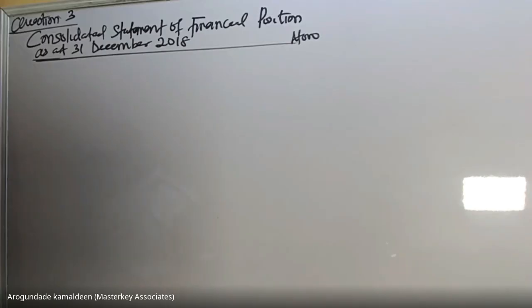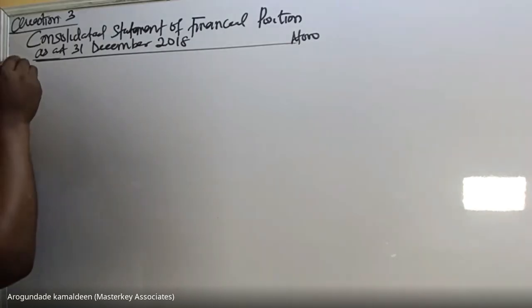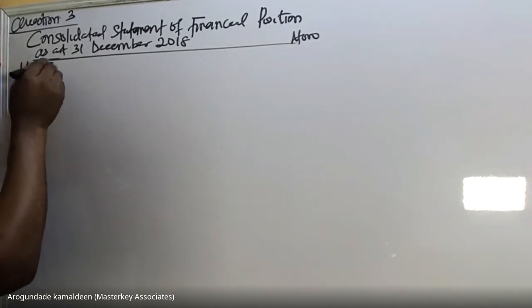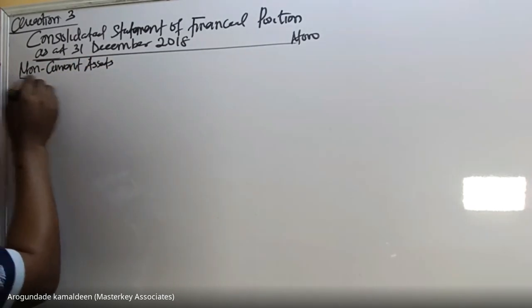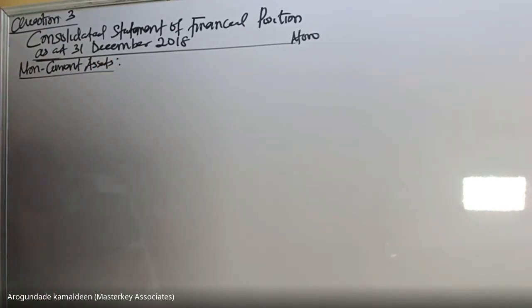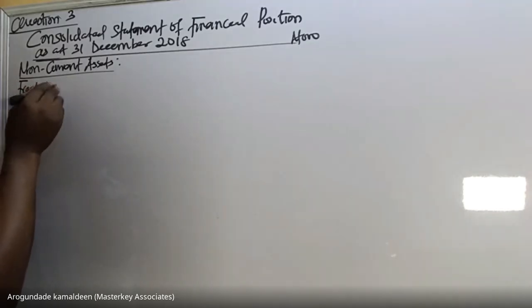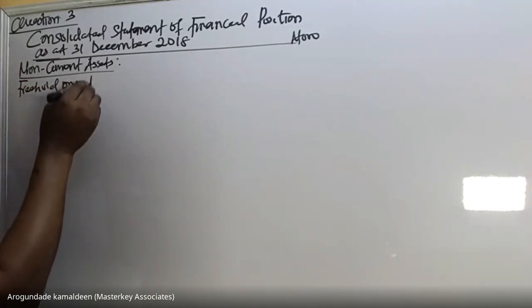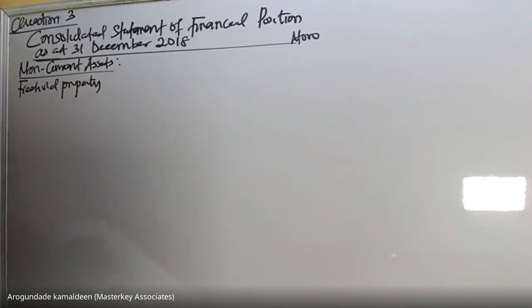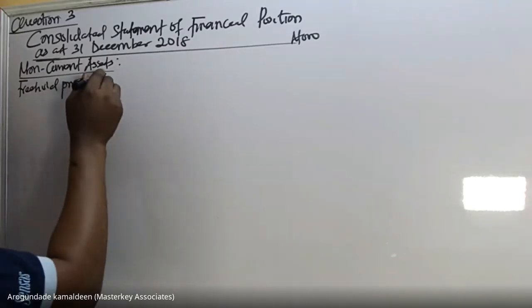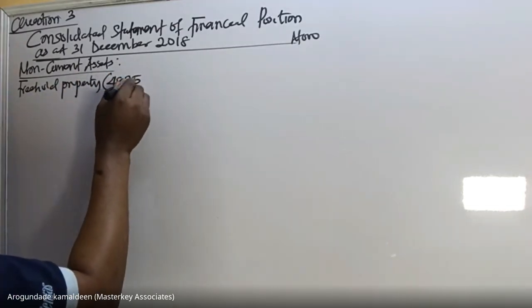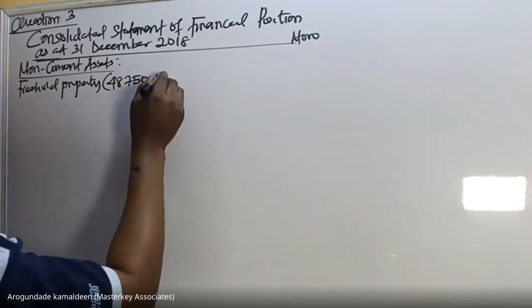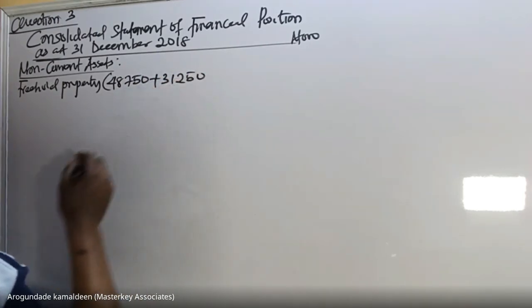So, you have here non-current assets. You have freehold property for the parent: 48,750 plus 31,250.